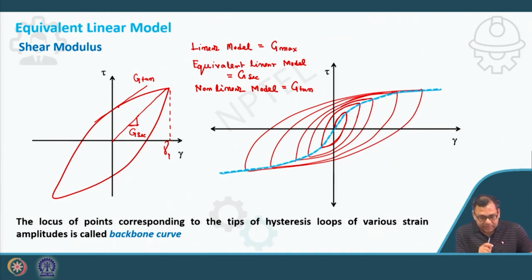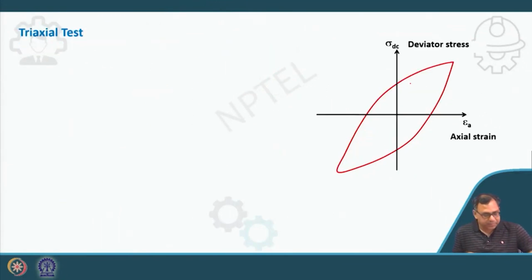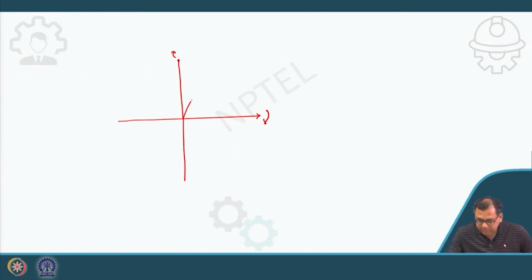Now in the equivalent linear model, we get this backbone curve. This is my backbone curve, with shear strain and shear stress. This is also a backbone curve.